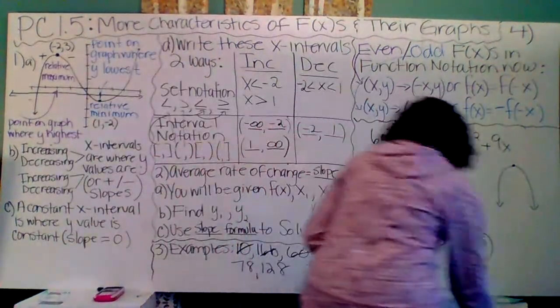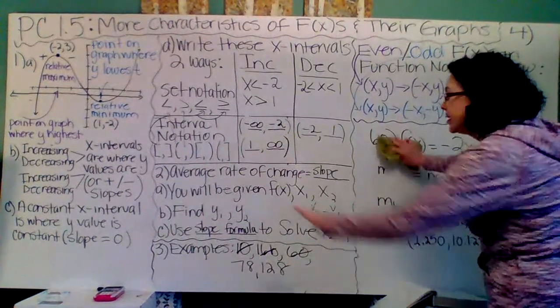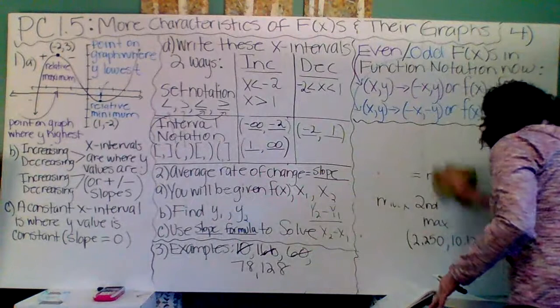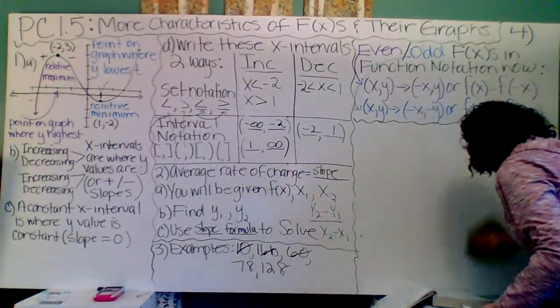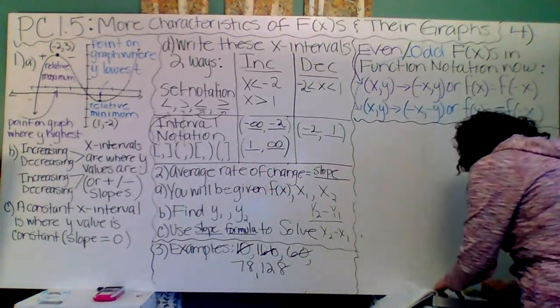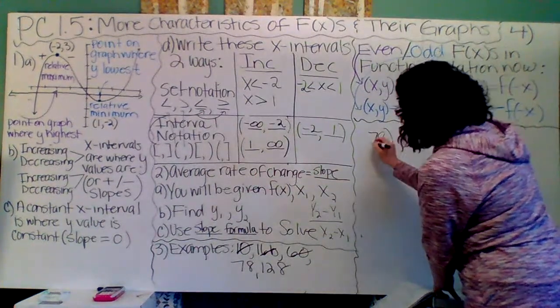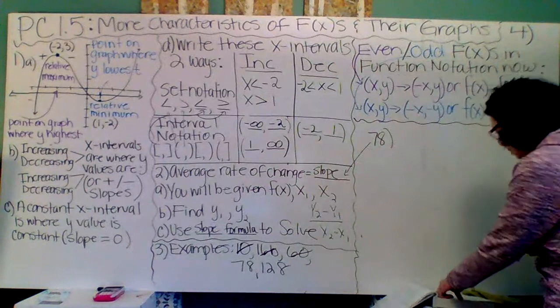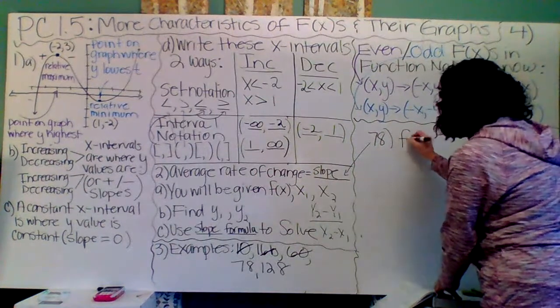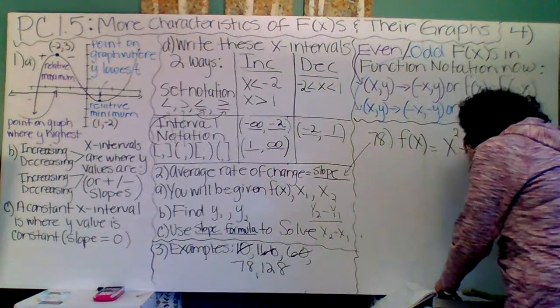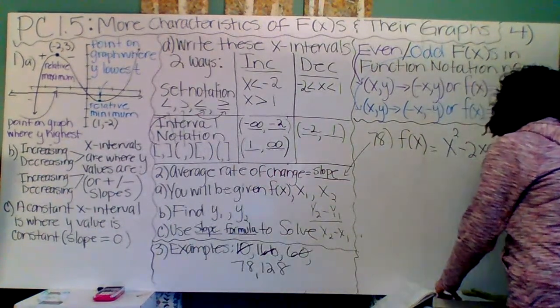Number 78, this is the average rate of change. So here's what happens on 78. Okay, find the average rate of change. 78. It says find the average rate of change. And they give you f of x is equal to x squared minus 2x plus 8.